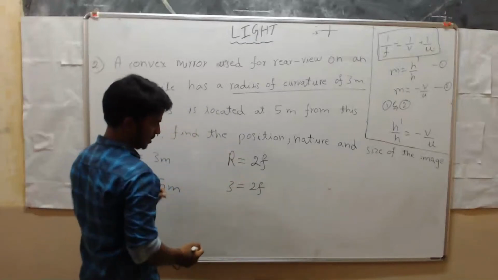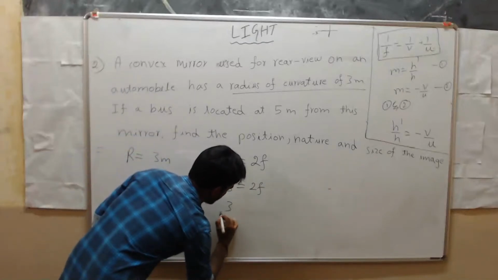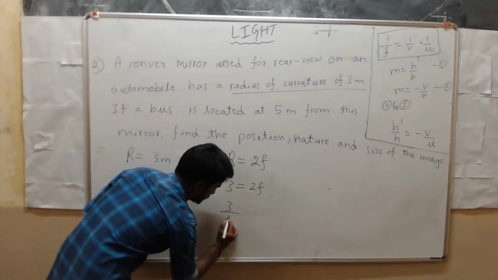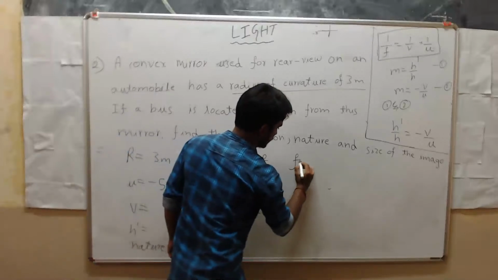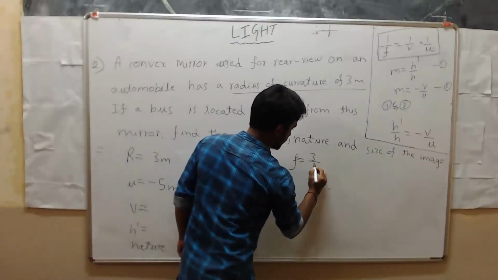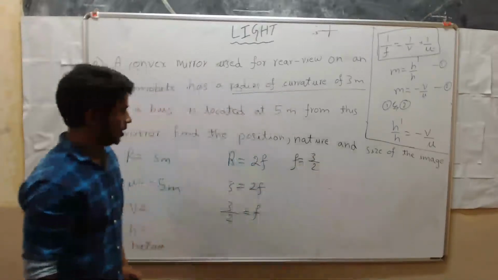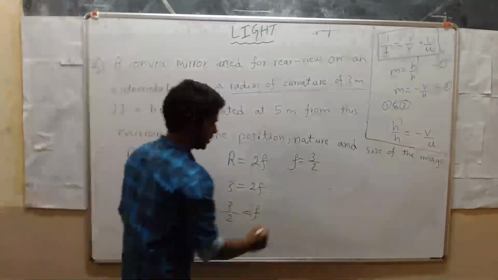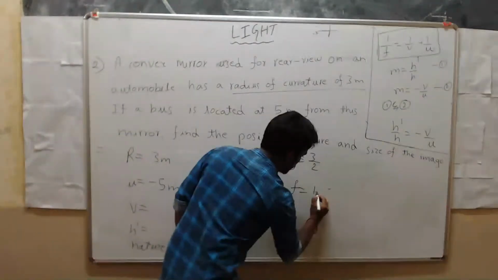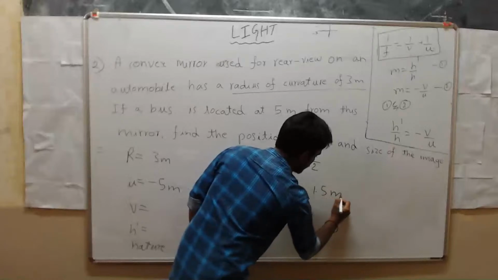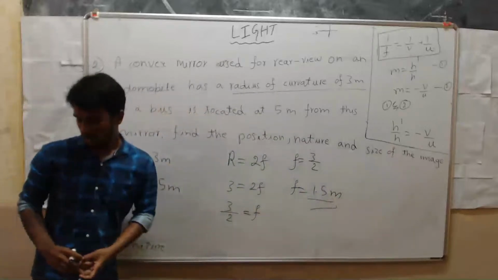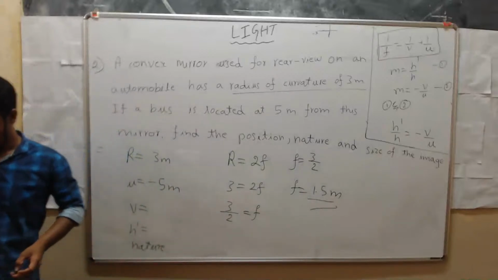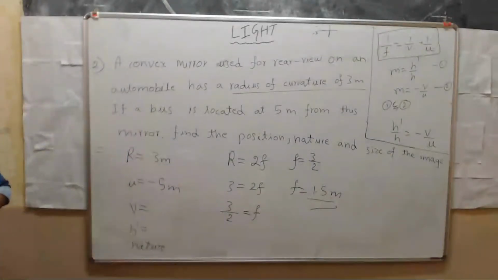So now we can write this as 3 by 2 is equal to f, or f is equal to 3 by 2. What is the answer? Then f is equal to 1.5 meter.